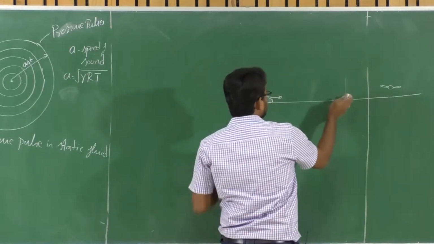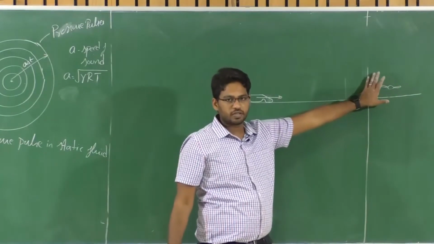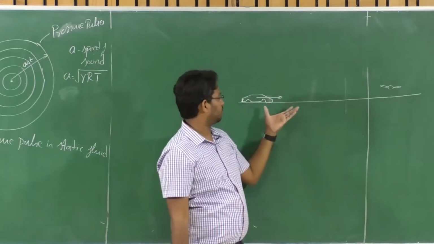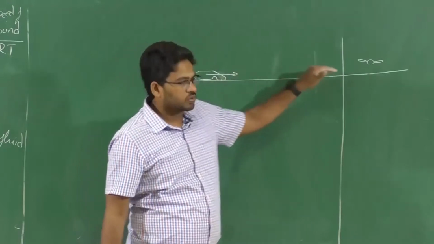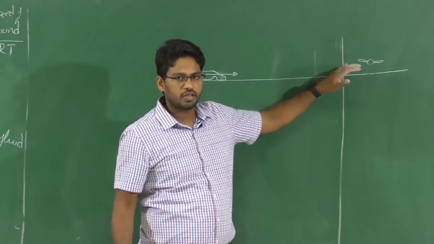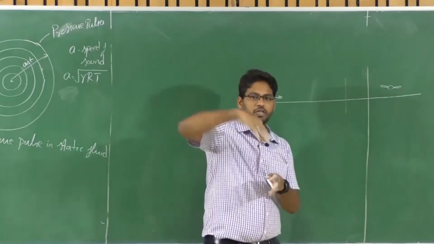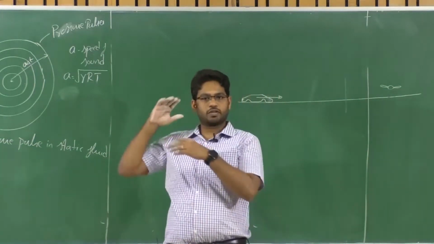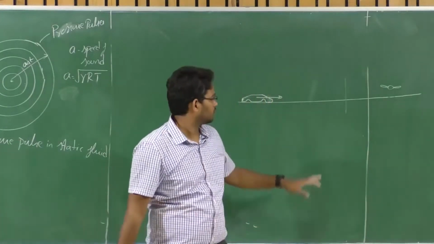But if the disturbance is far away, the flight of this insect or the bird, which is far ahead of your car, will not be affected much. When the car comes closer to the bird, most of you might have observed this, right? The insect or the butterfly with good enough reflexes will try to slip over the vehicle. It will not come and hit your window. It will try to slip over the vehicle, isn't it? If it has a bit of good reflexes, right?